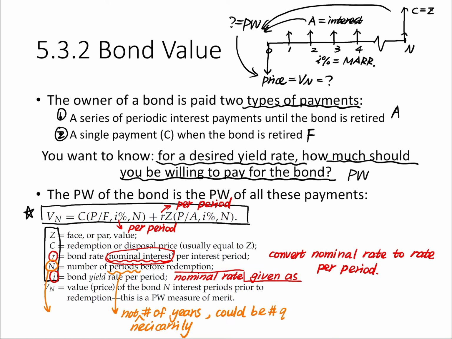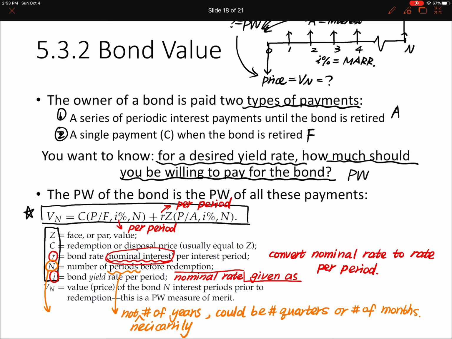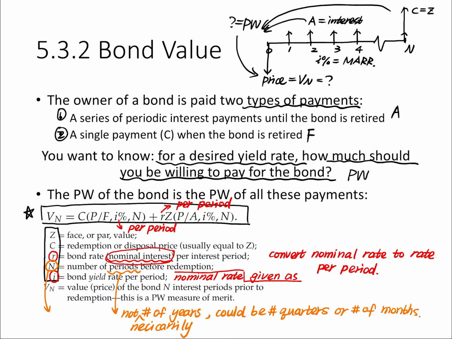It could be number of quarters or number of months. It depends on how long the interest is calculated.